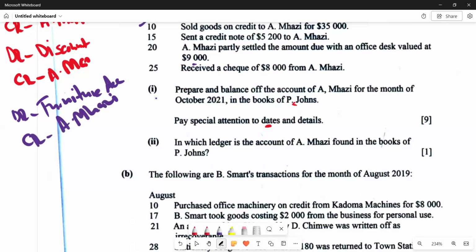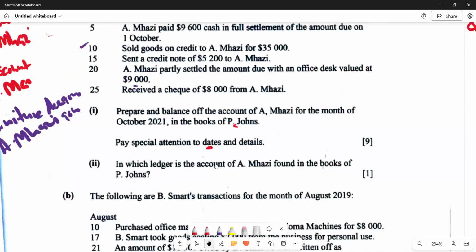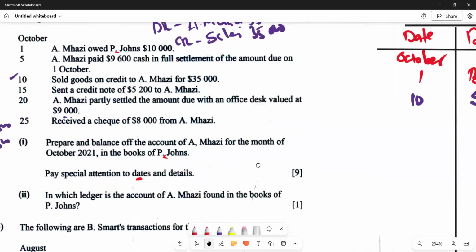That's the form of payment that AMAS has made. The amount is 9,000, and here we've also got 9,000. So the account in question is AMAS. You go to the credit side of AMAS, put the 9,000, and this transpired on the 20th of October. So we are on the credit side.